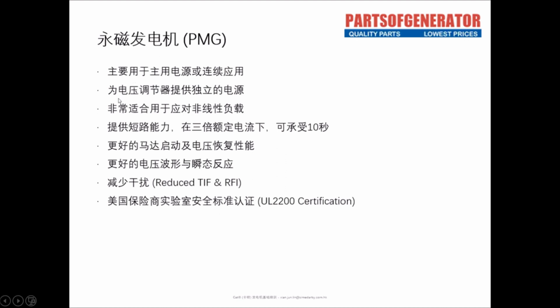For this purpose, let's take a look at some characteristics of the permanent magnet generator. It is mainly used for main power supply or continuous applications. In short, it is the kind of application that runs for a long time, so it is suitable to use a permanent magnet generator.